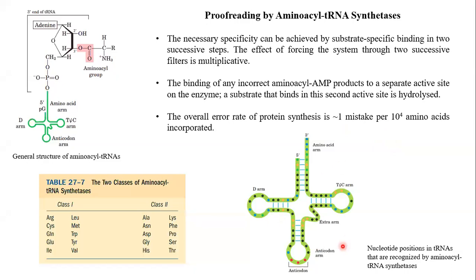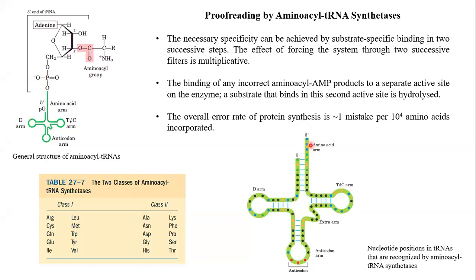Here this diagram shows the transfer RNA, and here you can see the green and the orange positions of the nucleotides in the transfer RNA, which are used for binding or for specificity by the enzyme. From these positions, these nucleotides, the enzyme identifies a particular transfer RNA. The blue ones are common for all transfer RNAs.